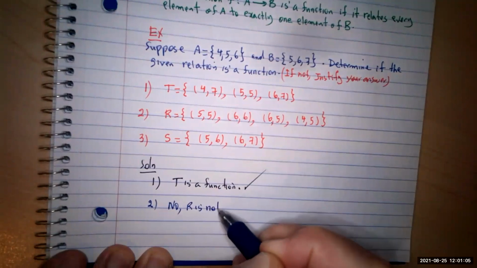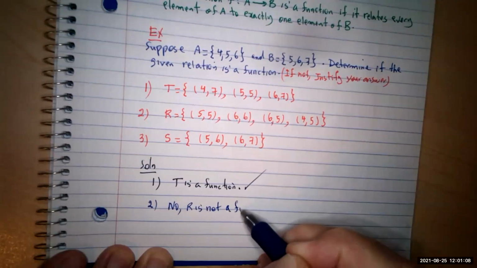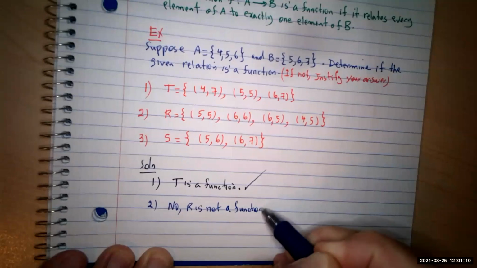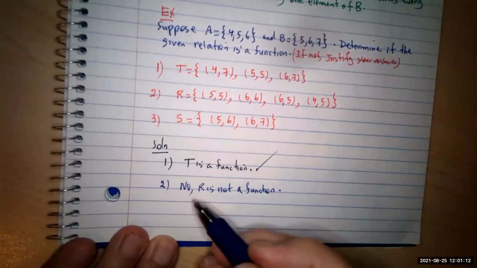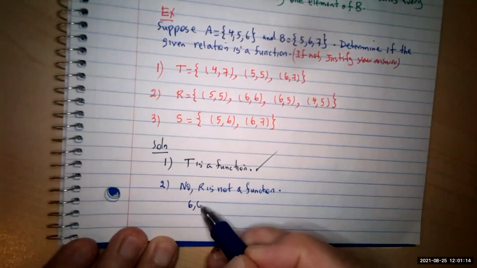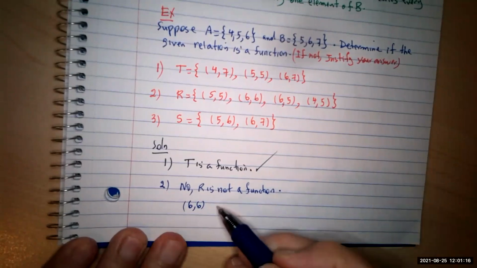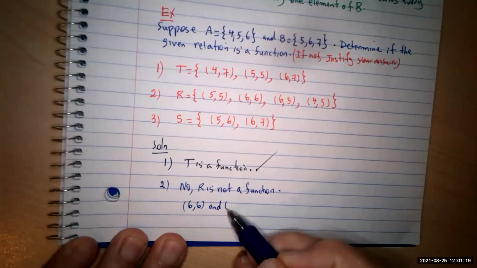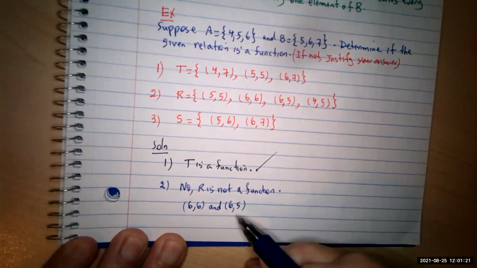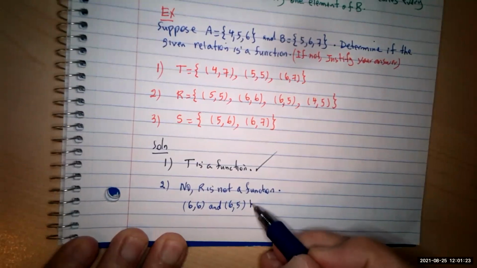Now for the justification, you say that (6, 6) and (6, 5) share the first component, which is the same.